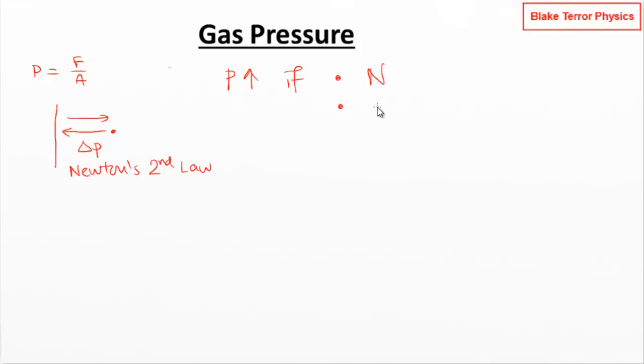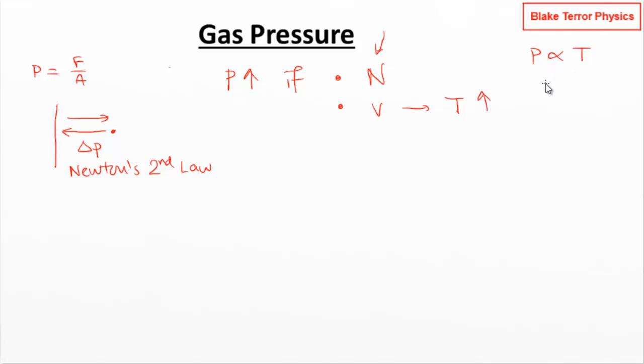If the speed of the particles is increased, that means we're going to have a higher temperature. So if the temperature has gone up, we're going to have a greater pressure. This is one of our gas laws, that we're going to have pressure being proportional to temperature for a fixed mass of gas, so we're not changing the number of particles, and for a constant volume.